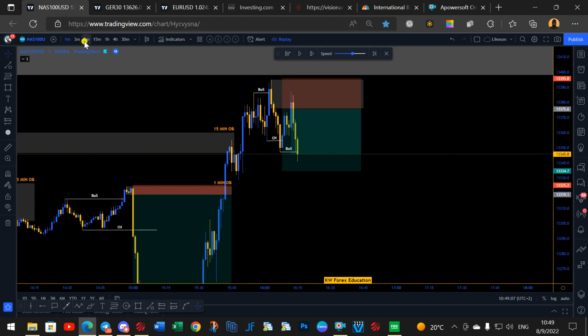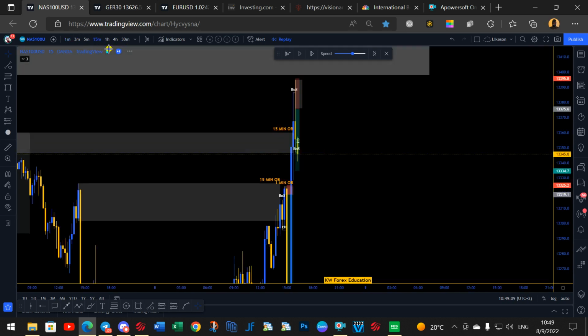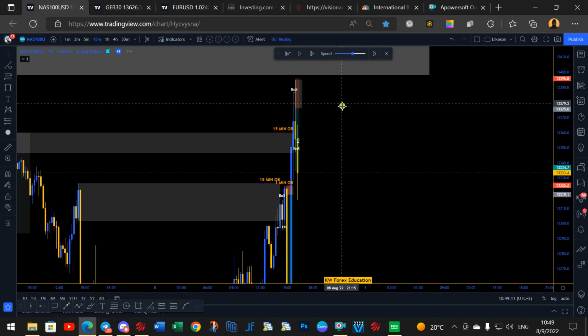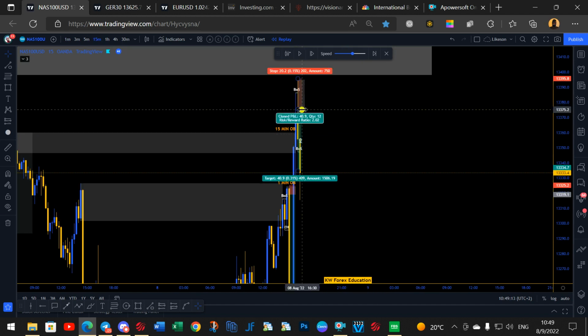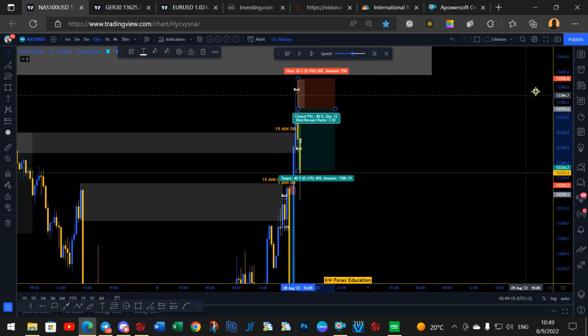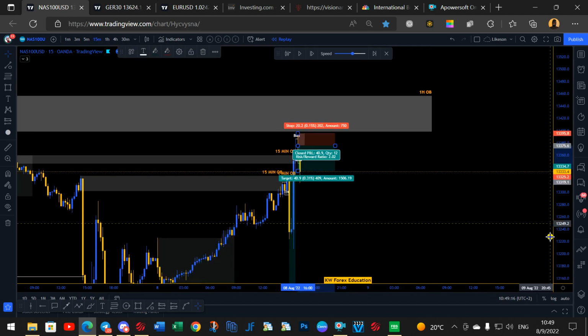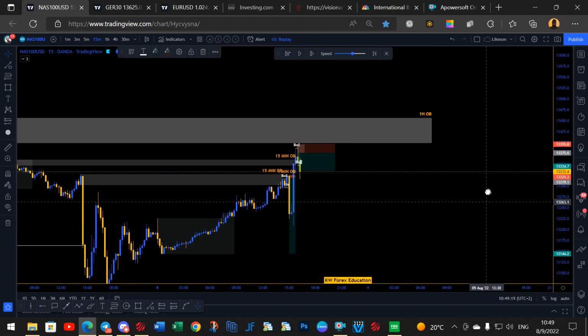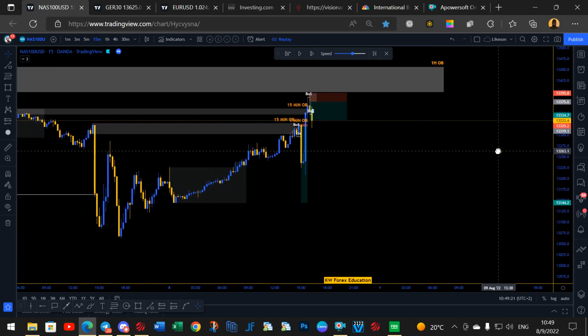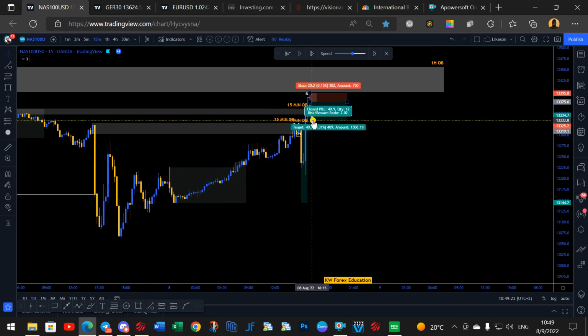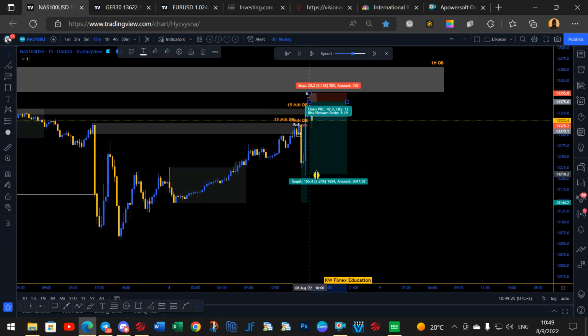Now I went back to 15 minutes, since we're already triggered in this trade. Now we just need to look at our target, right? So I just targeted my last swing.